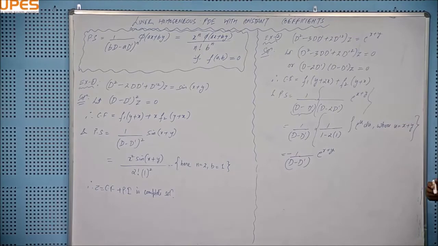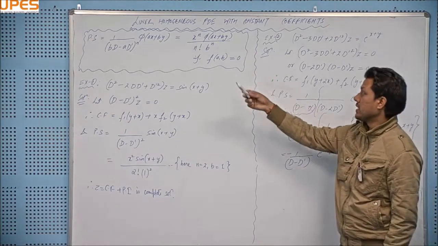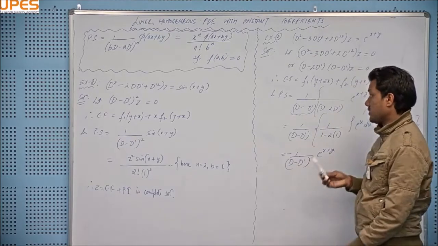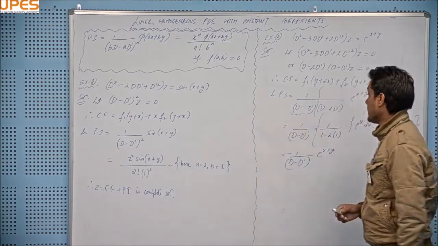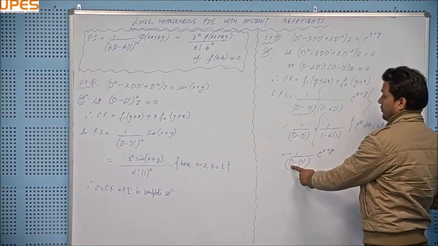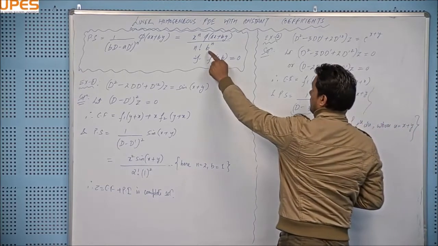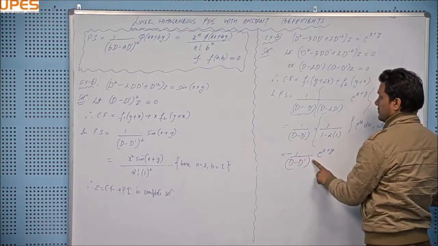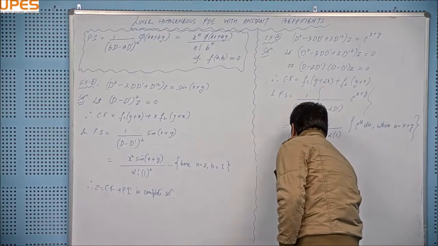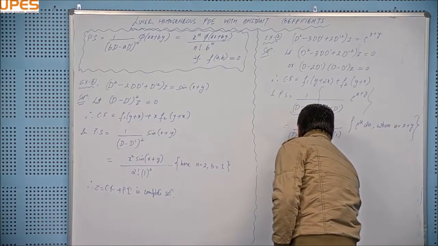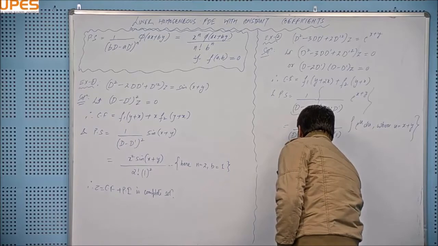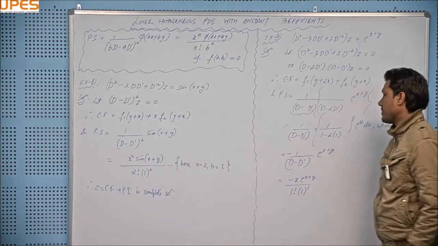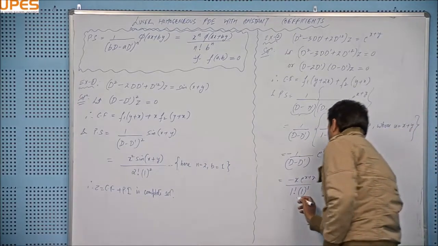Now here comes into play this formula. If you put D equal to 1 and D' equal to 1, you will get 0 in the denominator, and that's why we'll be using this formula this time. And see what is b. b is actually the coefficient of D'. Using this formula, I need b, and b is the coefficient of D', and that is 1, right? And what is n here? n is 1, right? So the answer will be minus x e to the power x + y over n factorial, which is 1 factorial, times b to the power n, and I think this will be minus x e to the power x + y, right?